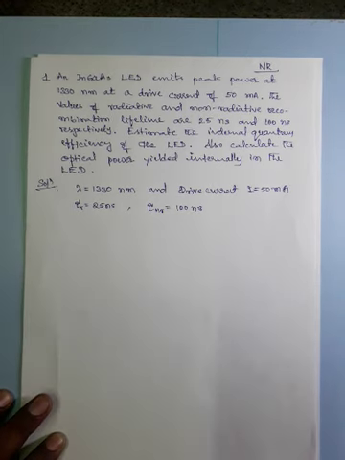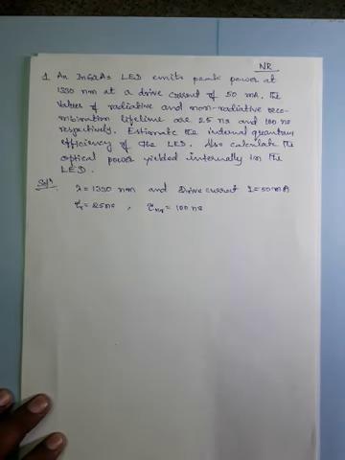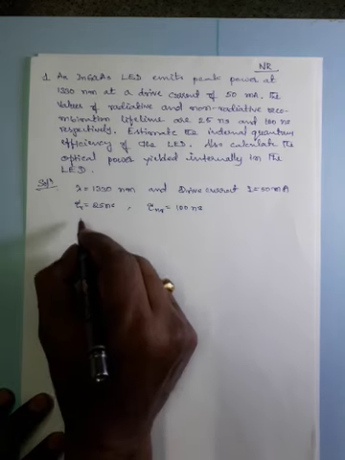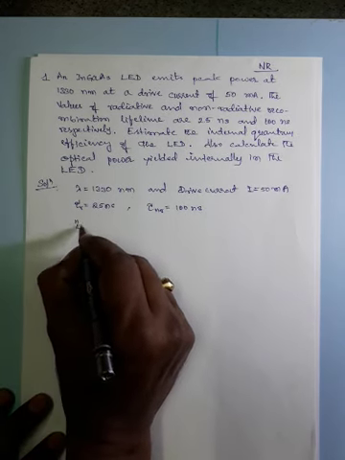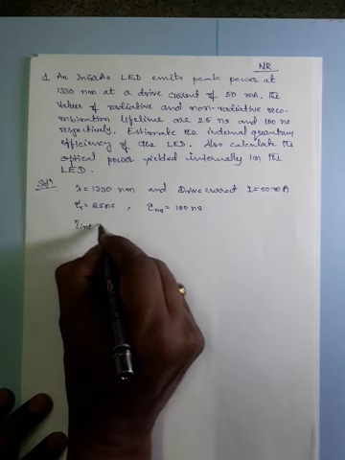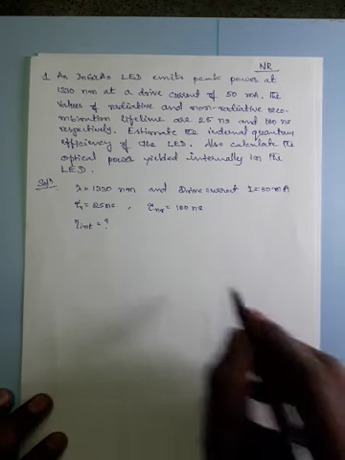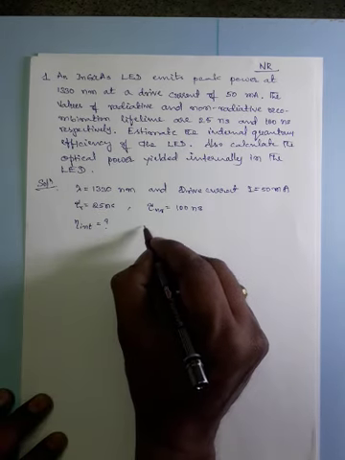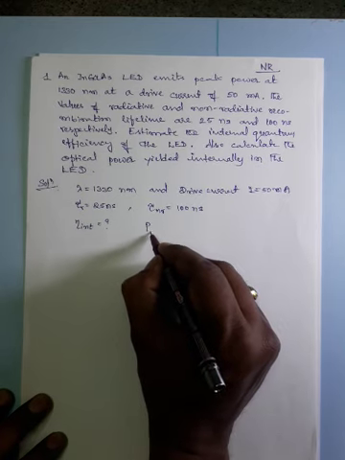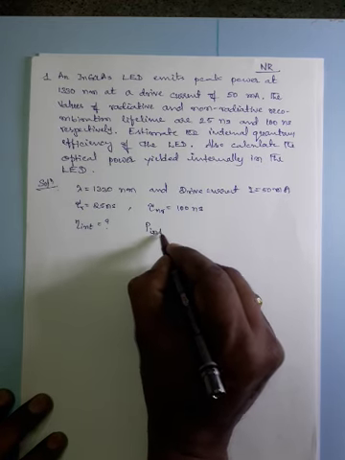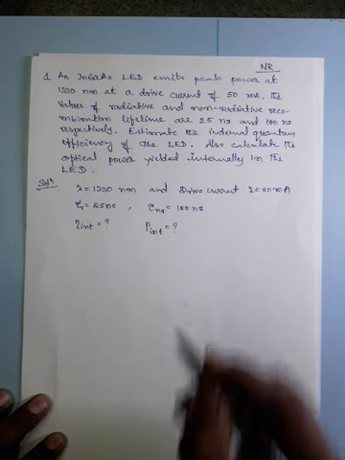nanosecond. In this problem, we have to estimate the internal quantum efficiency of the LED, that is eta int is equal to question mark, and the optical power yield internally in the LED, that is Pint is equal to question mark.